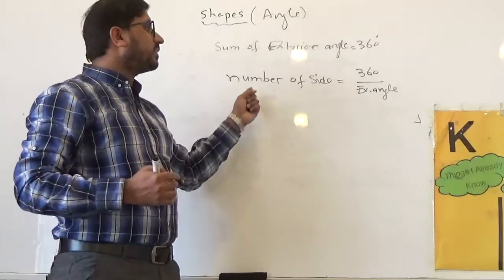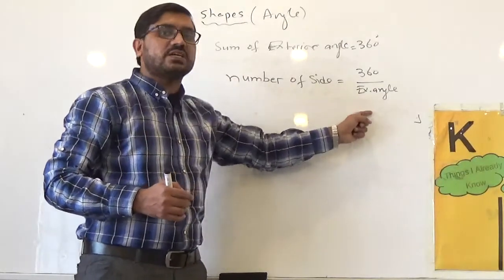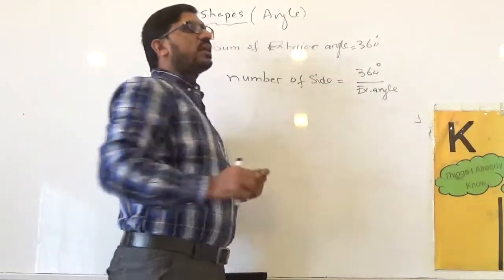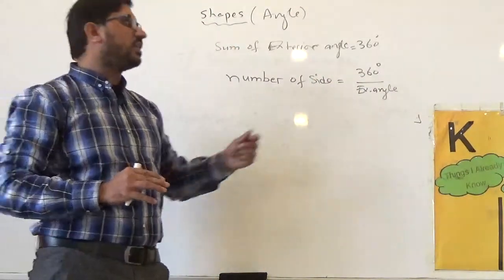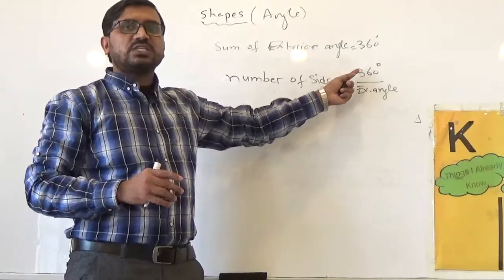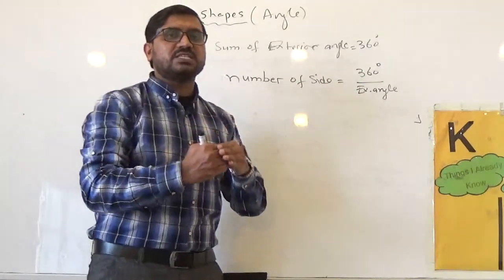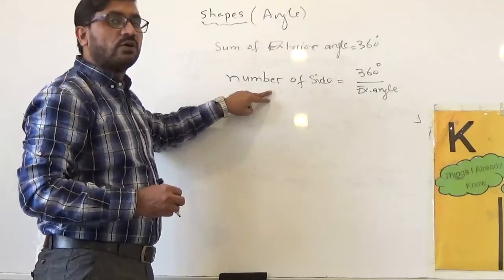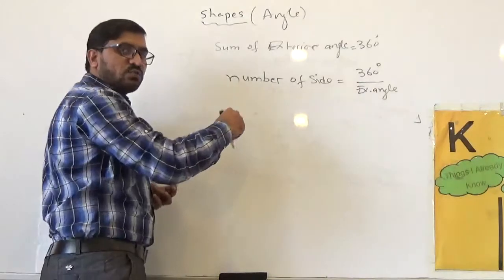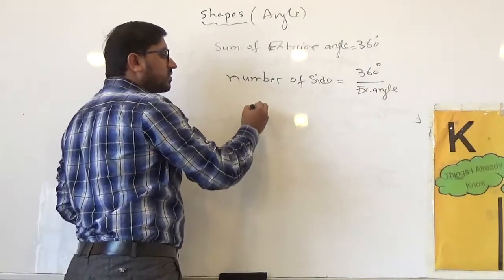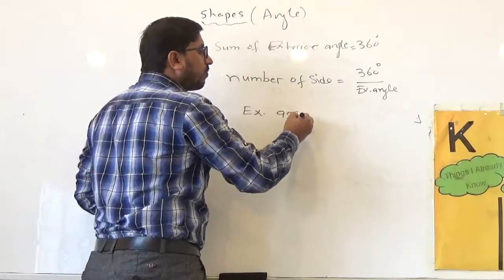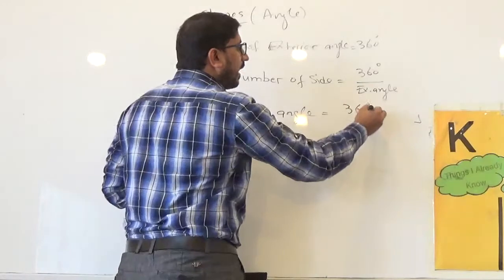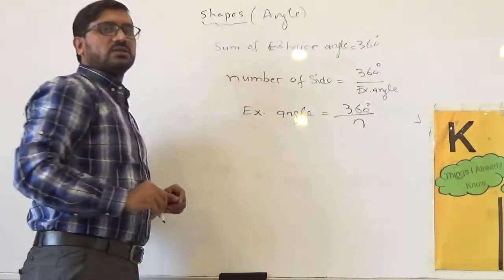If you want to find the number of sides with the help of the exterior angle, that is the easiest way. Since the sum of exterior angles of any polygon is 360, the sum of exterior angles divided by one exterior angle gives your number of sides. If I change this formula, to find one exterior angle of any polygon, you know the sum of exterior angles is 360 degrees, divided by the number of sides.